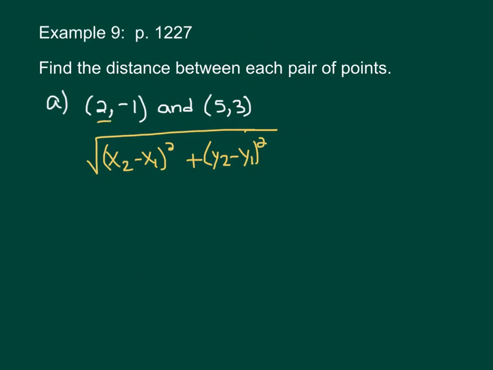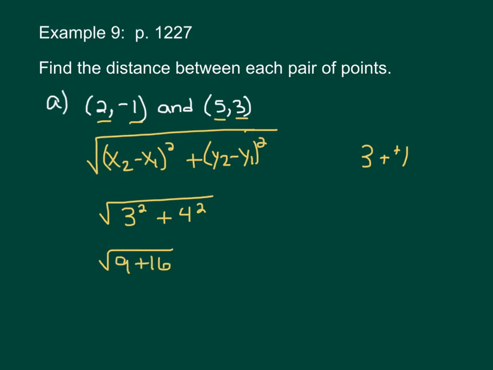So my x's, I have 5 minus 2 is 3 squared, plus, take my y's, 3 minus -1. So when I have minus and negative, that's adding them, so that's 4 squared. So that's 9 plus 16, which is the square root of 25, which is 5.